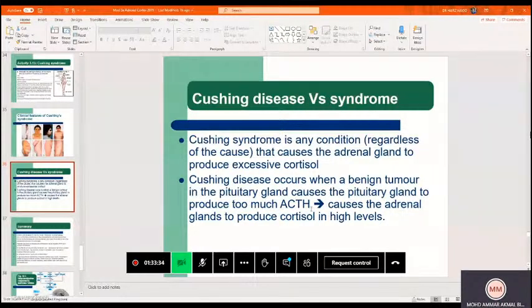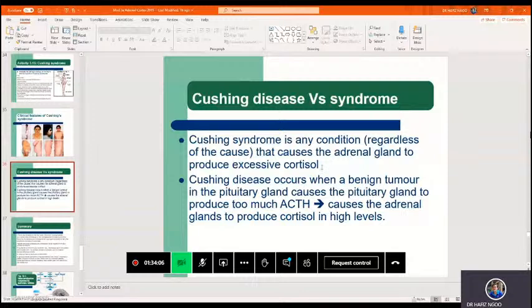Okay, so syndrome means that. So the disease is part of the syndrome too, right? Yeah. Cushing syndrome doesn't care about the condition. As long as there is excessive cortisol level, you call that a syndrome, even if the source is external, not necessarily from the adrenal gland producing excess cortisol.